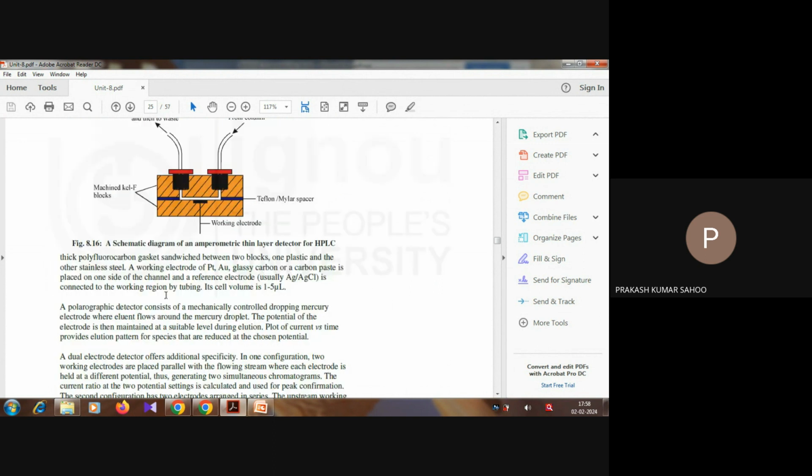Then we have some examples: a working electrode, which here is platinum, gold, glassy carbon, etc. The cell volume is 1 to 5 microliter. Usually the electrodes used here are a silver chloride electrode, that is a reference electrode.